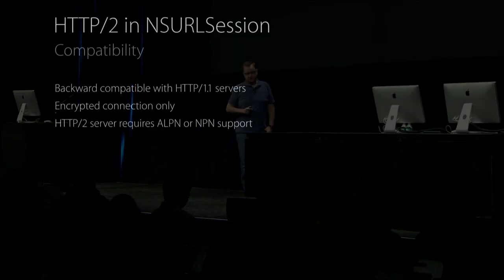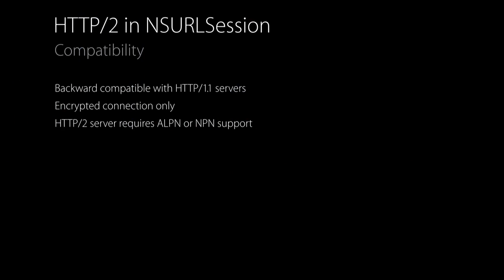Your apps will use the HTTP 2 protocol automatically. Please keep in mind that NSURLSession supports the HTTP 2 protocol only over an encrypted connection, and that your HTTP 2 server is required to support ALPN or NPN for protocol negotiation.